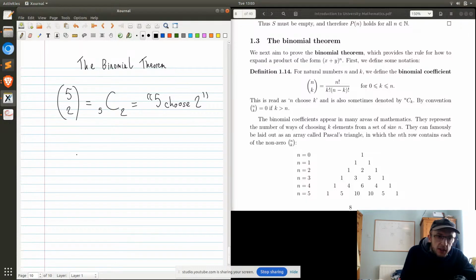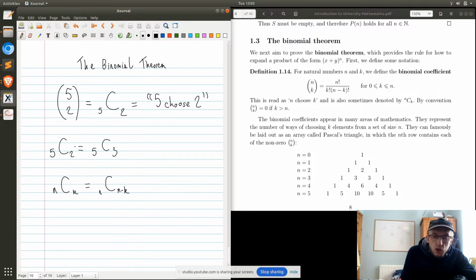Some obvious things about it are, for example, that these are going to be the same: n choose k is the same as n choose n minus k. Think of it like light switches.